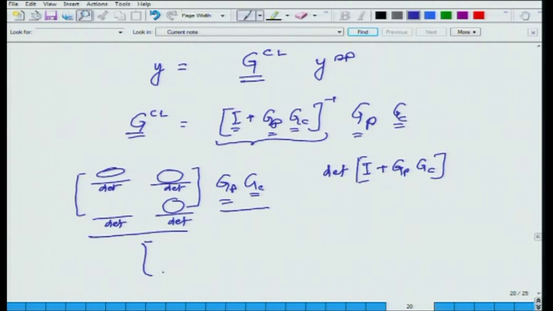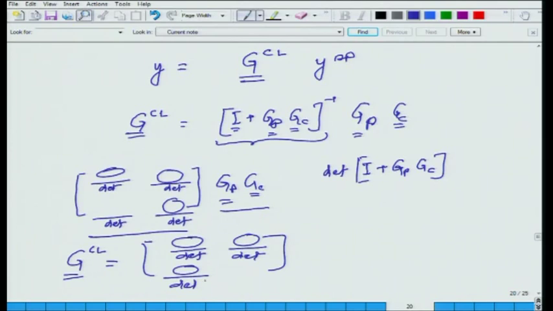So, the ultimate matrix that you will get, which has 4 terms, will still have the determinant. So, G closed loop will have the determinant in the denominator of all the 4 terms which relate y, the response of y to a change in y set point.